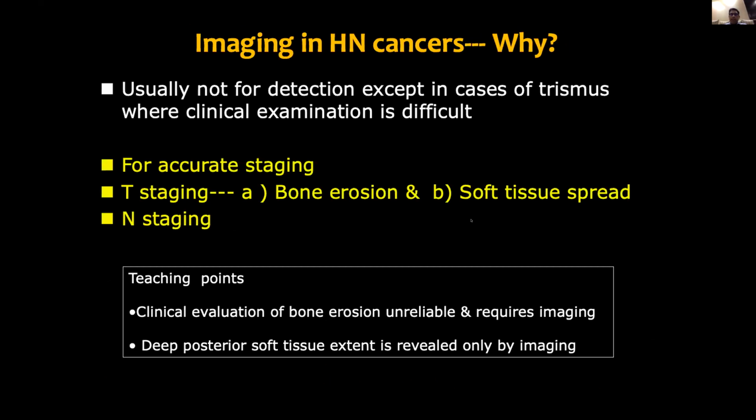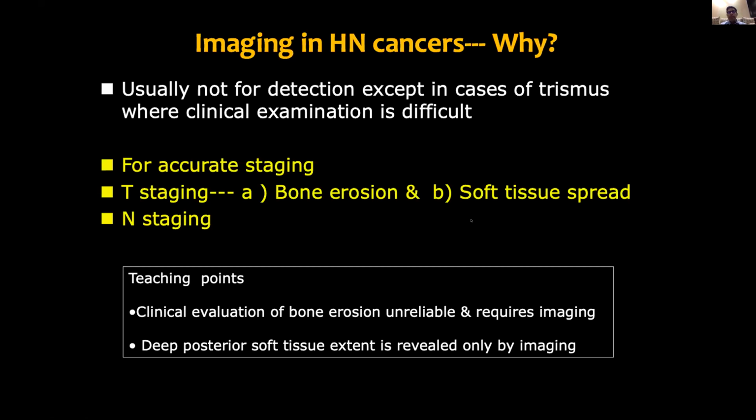By accurate staging, we mean the T stage, whether the soft tissue is involved, whether there is perineural spread, whether the infratemporal fossa or the masticator spaces are involved, and the N staging. They both become important. We understand that predominantly the imaging is done for the staging, but not for diagnosis unless there is a case which is having trismus.